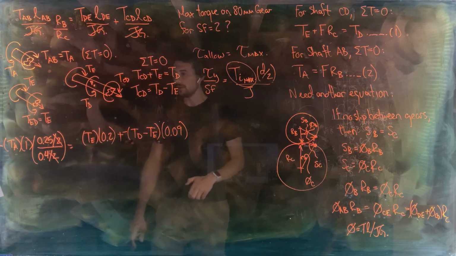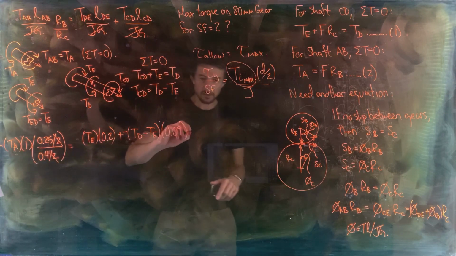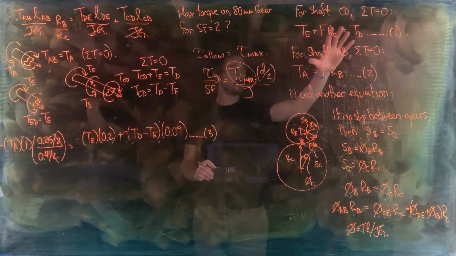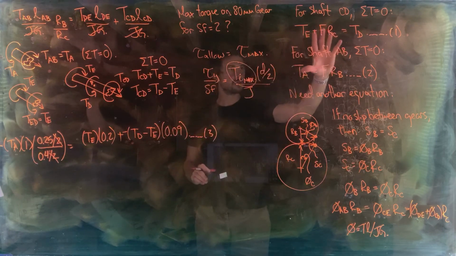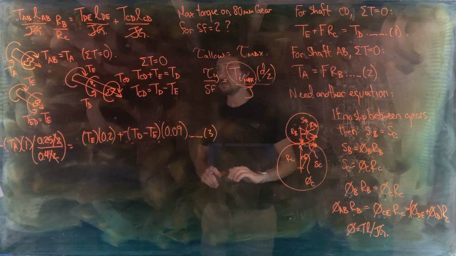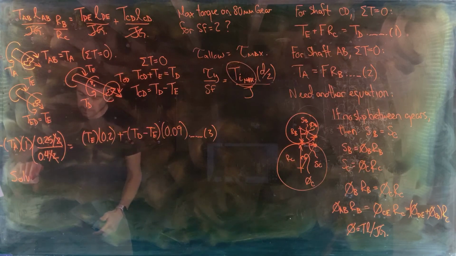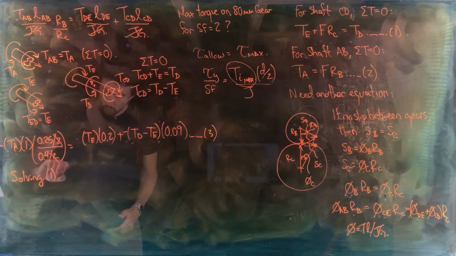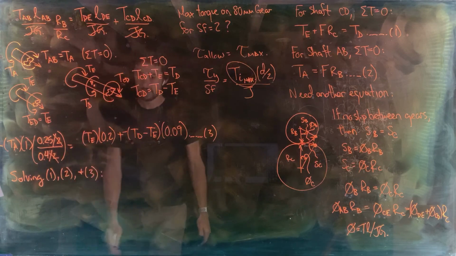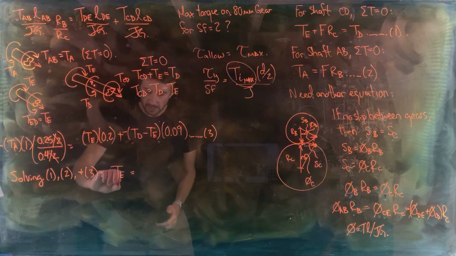Okay. All right, so now we've got another equation with our support reaction torques in it. So this is equation 3. Now we've got enough equations to actually solve for our support reaction torques, TE and TA. So we can do the same thing and just simply say solving 1, 2, and 3.